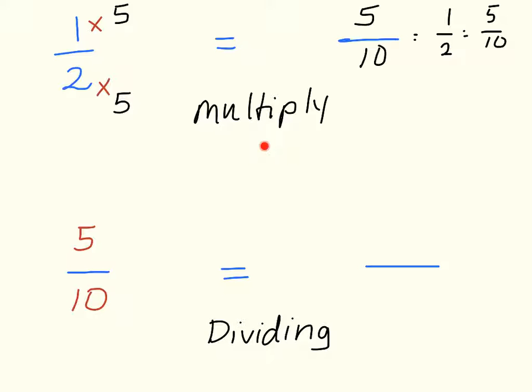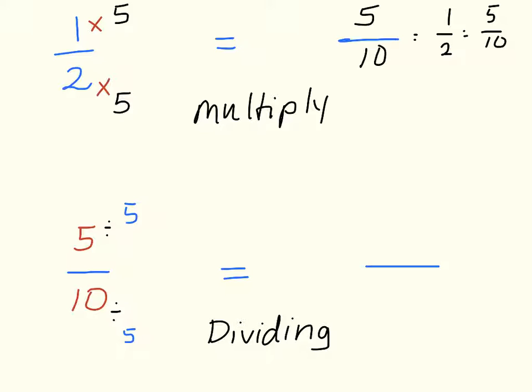Now to go from small to large, I'll divide. And in this case, 5 divided by 5, 10 divided by 5.